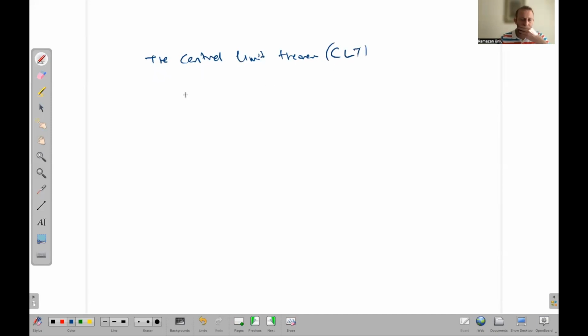Let's say there are some random variables X1, X2, X3, going to infinity, and these are independent, identically distributed, with the expected value of Xi equal to mu and the variance of Xi equal to sigma squared.